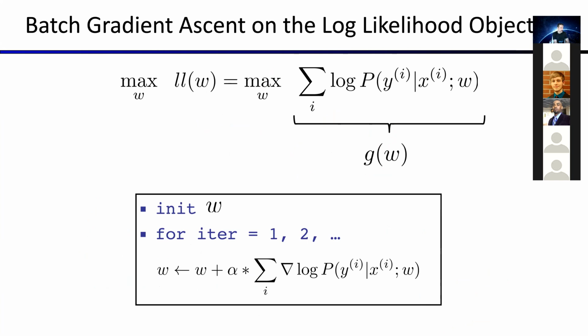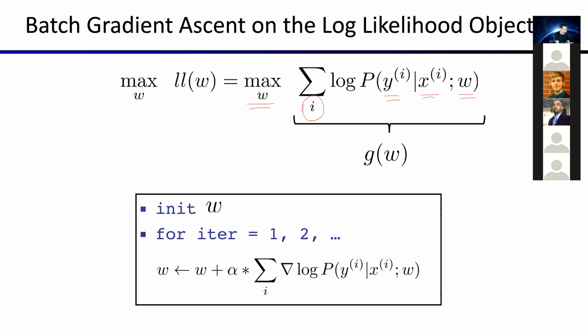For a classifier, we know that the function g in this case is the likelihood of the labels given the input and the weights. We discussed extensively this log likelihood. We want to maximize this log likelihood in order to give us the right prediction, at least for the training set that we have. And this is a sum over all training examples.